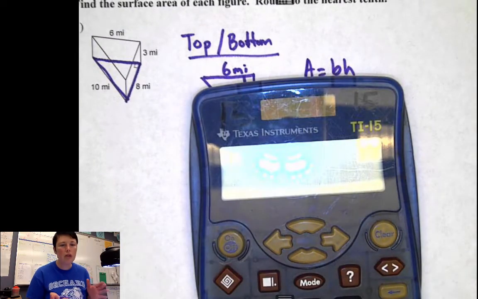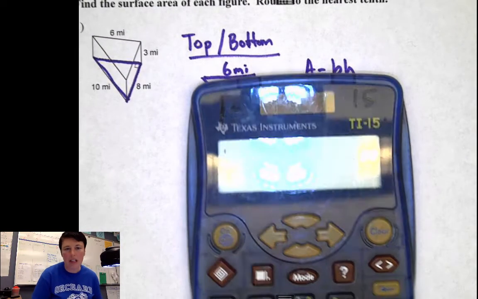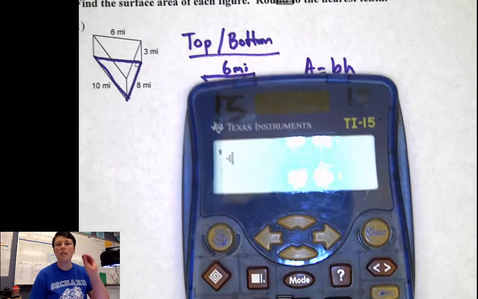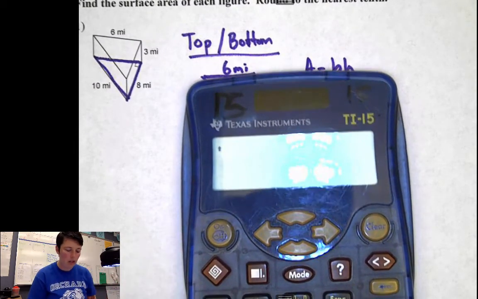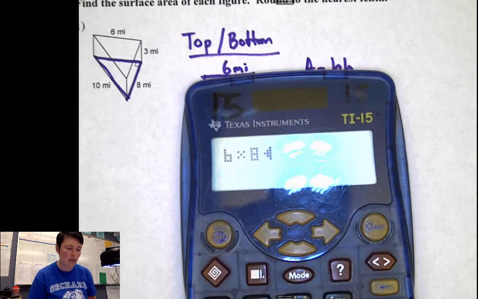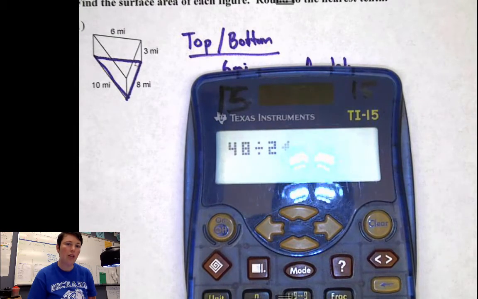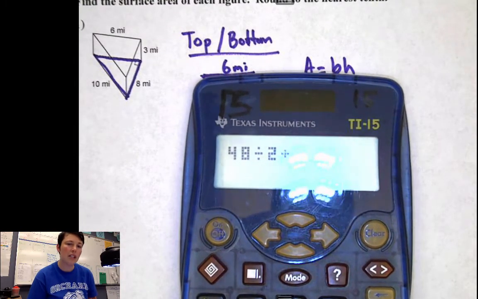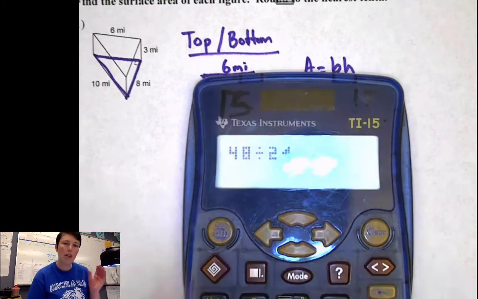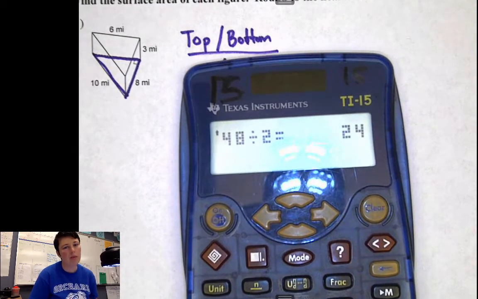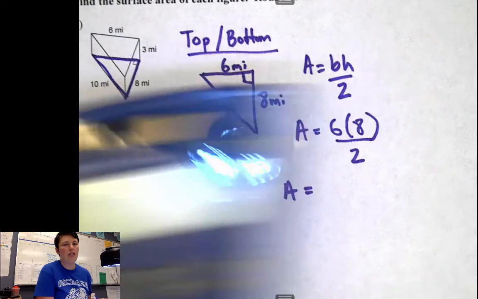If you're using a calculator, and this one you really don't need a calculator, don't type it all in one step. Don't type in 6 times 8 divided by 2. Just do the 6 times 8 and get your solution to that first. Then divide by 2. I see a lot of students typing it all in one long string, and then you end up with the wrong solution a lot of times from your calculator. So just be cautious of that.